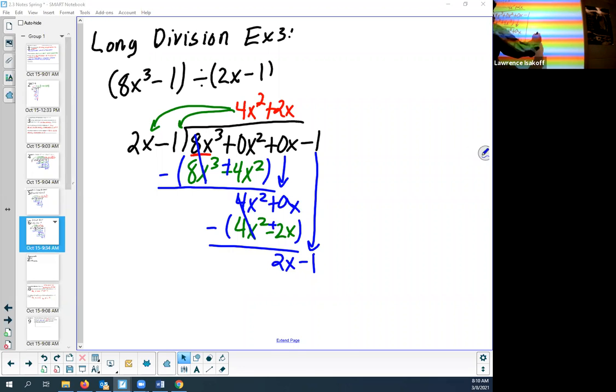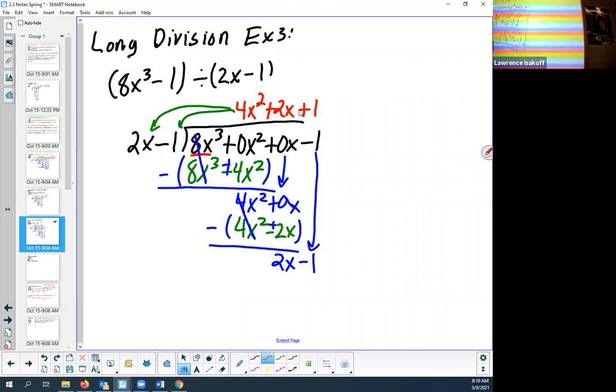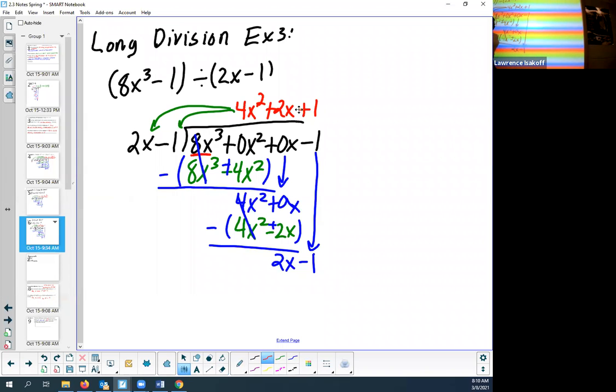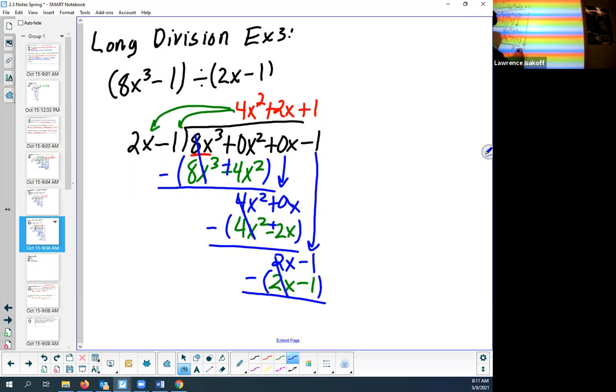So I'm just going to put a +1 up at the top. 1 times anything is just itself, so that's another 2x minus 1. Well, when I subtract these, everything cancels, giving me a remainder of 0.